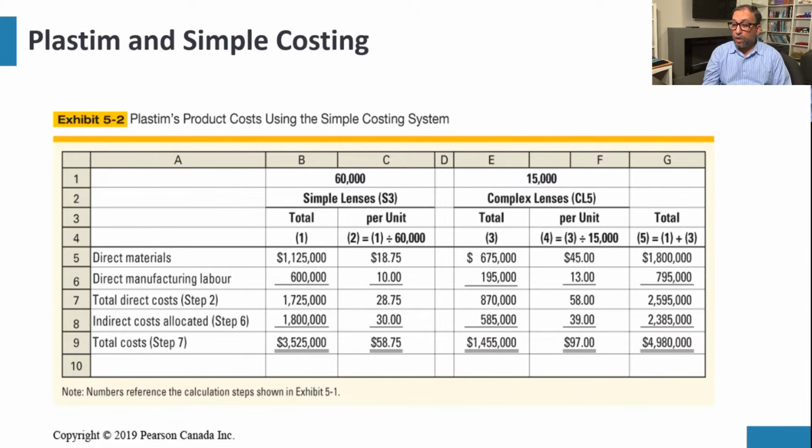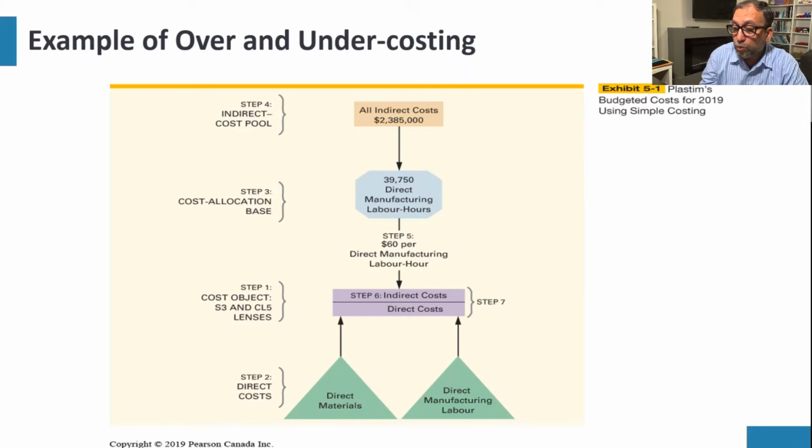So you see here the indirect cost allocation step, which is step 3 in the previous. I will explain it. We see here that they distribute it based on how many labor hours they are using. The 2.385 million is the total overhead or indirect cost.